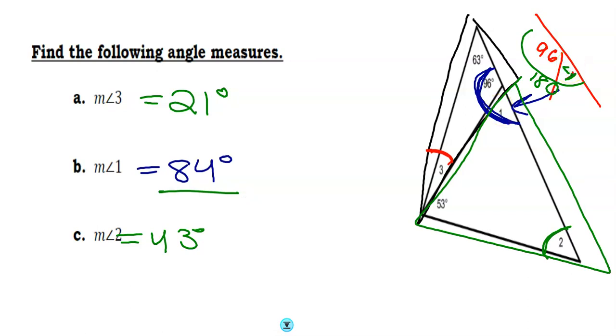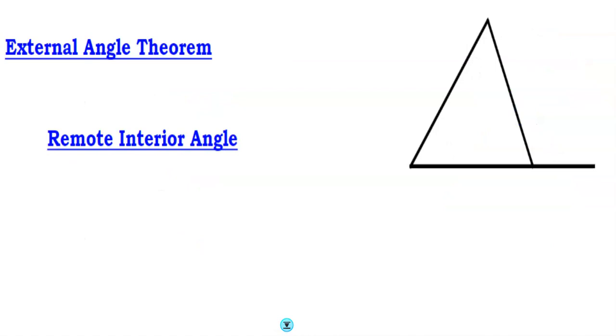Okay? All right, now let's go on to our unit today, external angle theorem. So I want you guys to label this A, label this B, C, and D. Okay? So external angle theorem. It's talking about this external angle, outside angle.